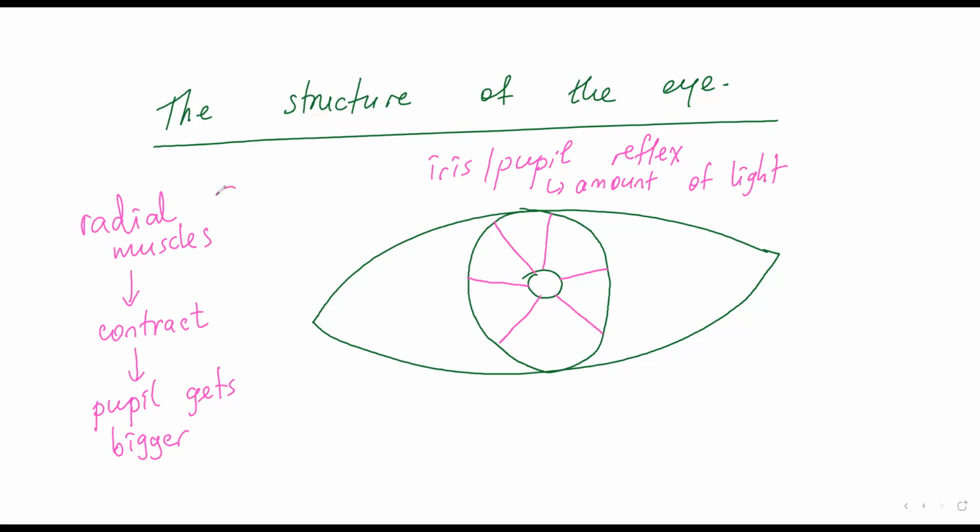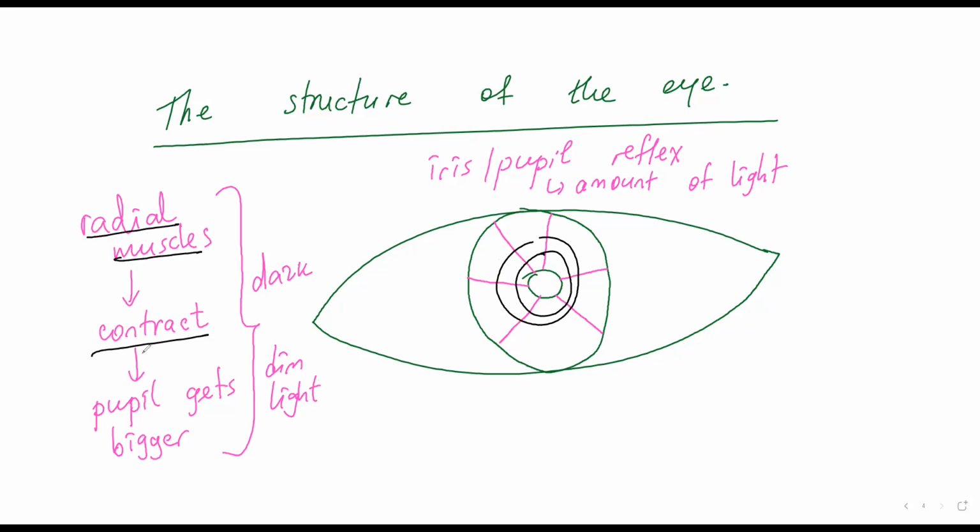This happens when you are in a dark condition or in dim light. Because if I'm in the dark or in dim light, I need to catch as much light as possible for vision. For catching more light, I need to have a bigger pupil, guys. My pupil will become bigger. So the pupil gets bigger, don't forget, when radial muscles contract. Now we will talk about the opposite action.